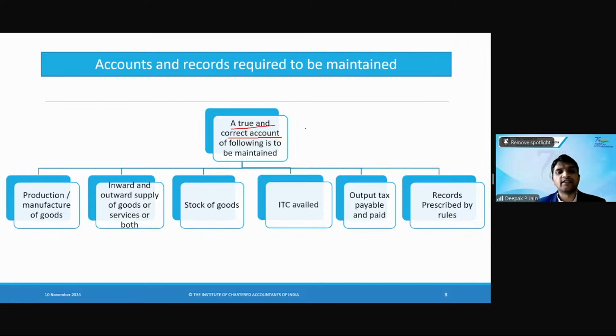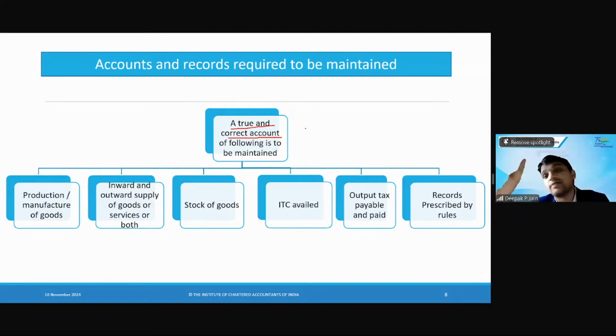The auditor's responsibility is to give an opinion whether it presents a true and fair view. That is very important. So the auditor, from his audit, his evaluation and checking, will say whether the accounts represent a true and fair view.